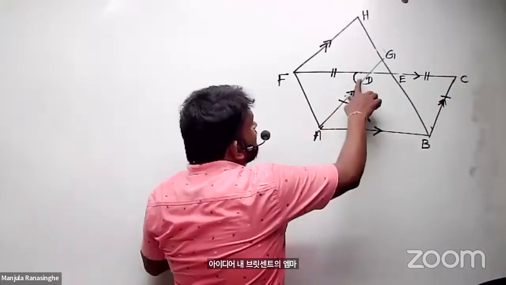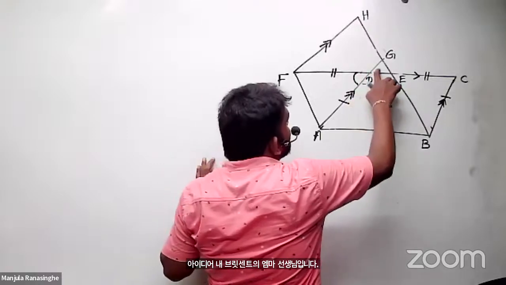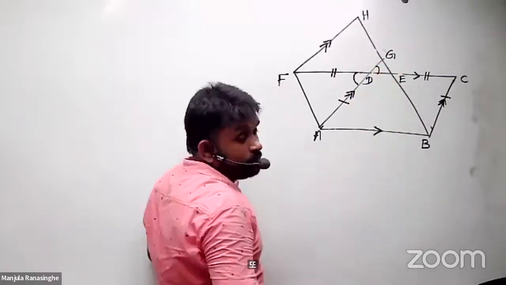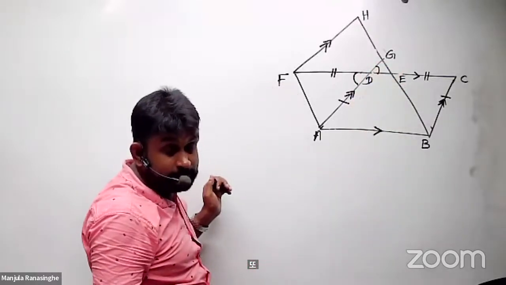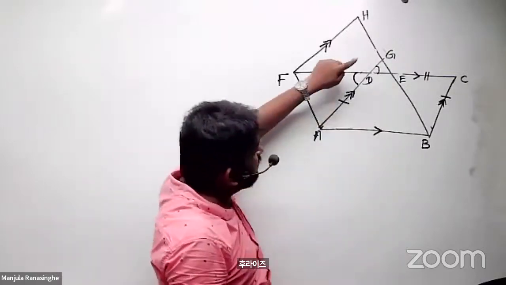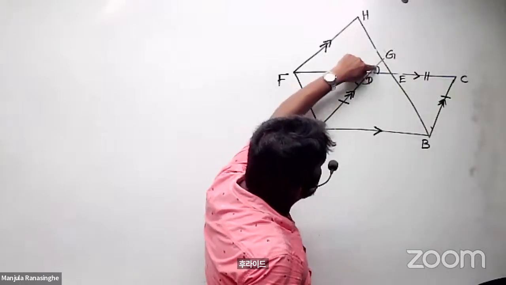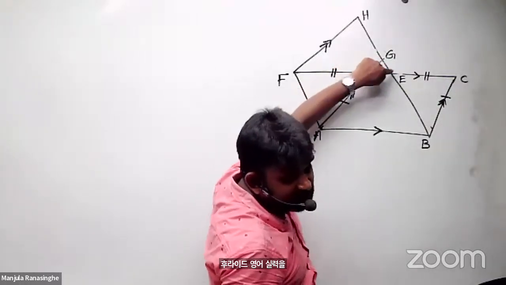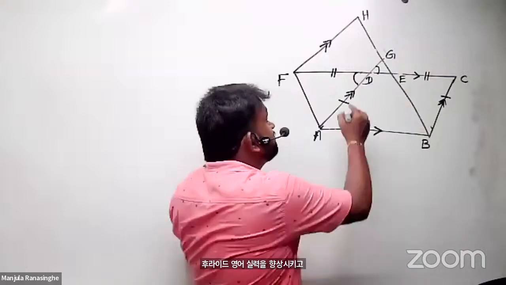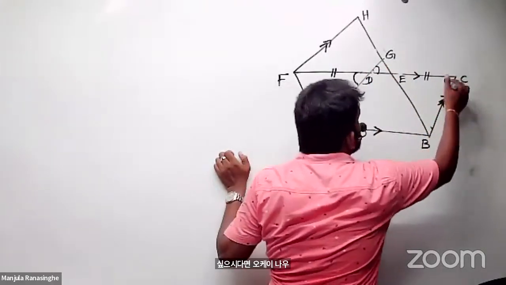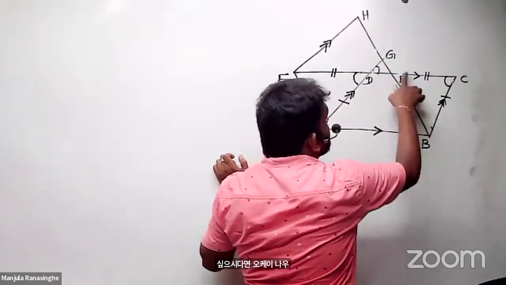Now I can see this angle is equal to this. Why? They are vertically opposite angles. See the diagram nicely. These two sides are parallel, and you can see a Z shape. This one is the Z. This is equal to this, since these two are parallel, alternate angles.